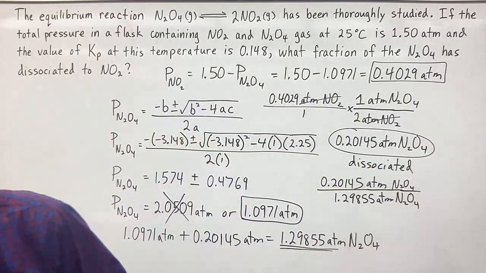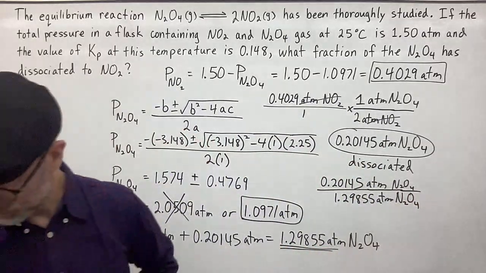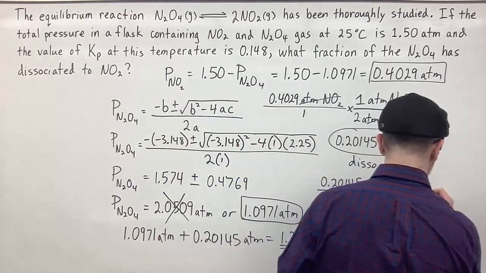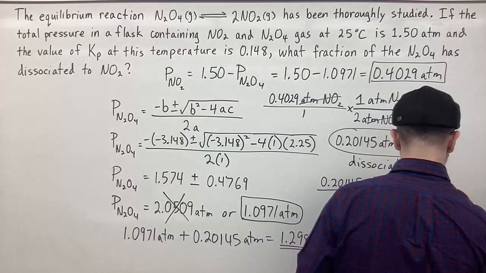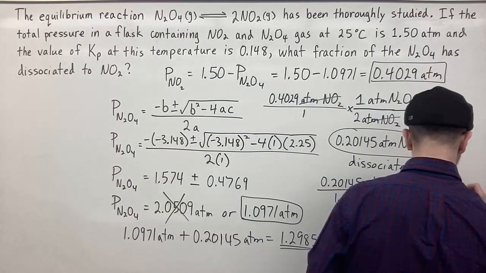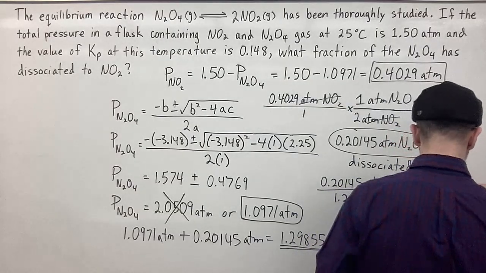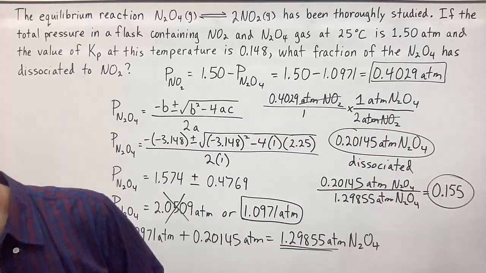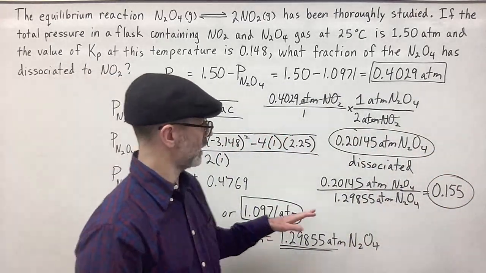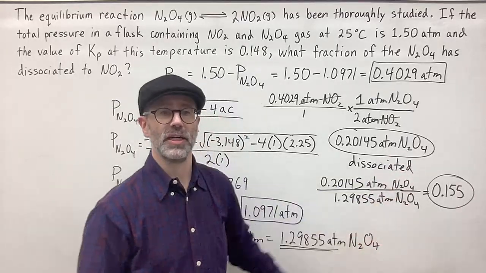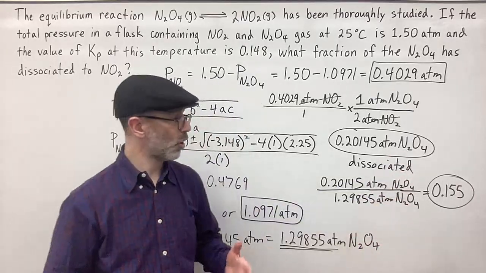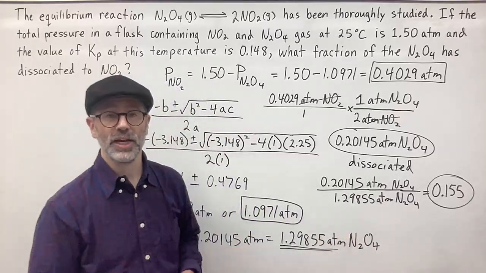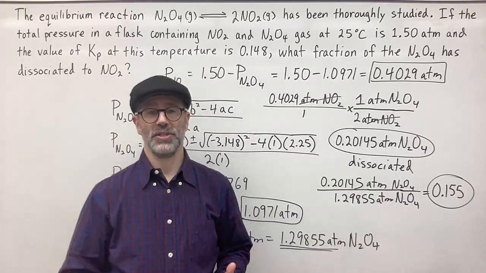Let me just double check. Yes. And then when I divide these two, I get 0.155. Let me double check that. Yep. So this is the fraction of N2O4 that dissociates to produce NO2 under these conditions.